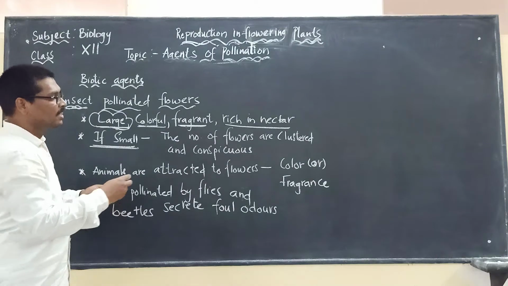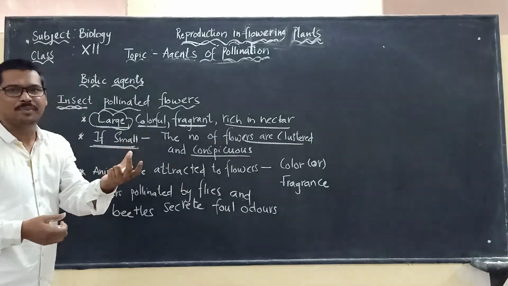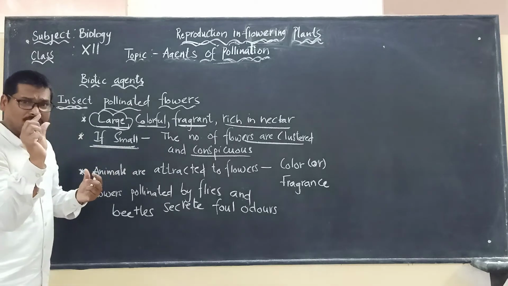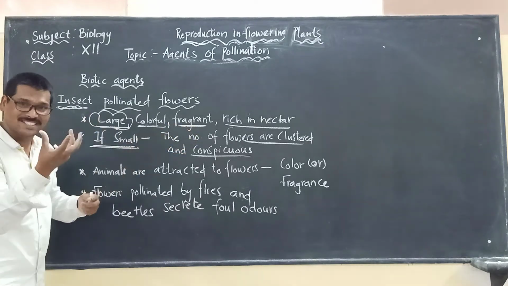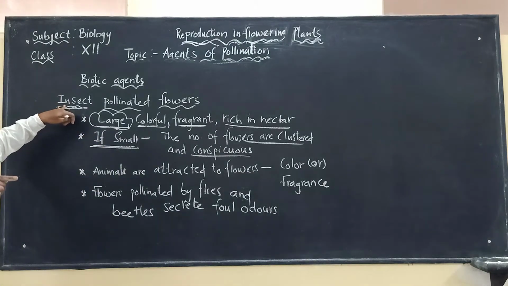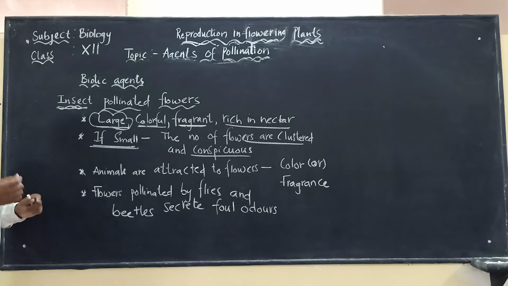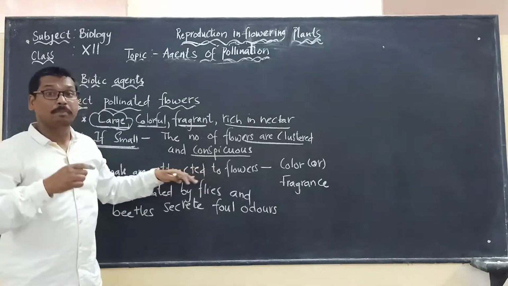They are clustered together and conspicuous, meaning very clearly you can see. They may be very small in size, but the number of flowers will be more as one group, that is called clustered. So even though they are small, they will be showing what? Insect pollination.